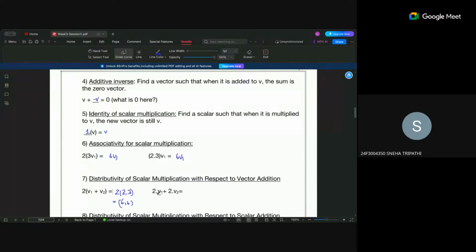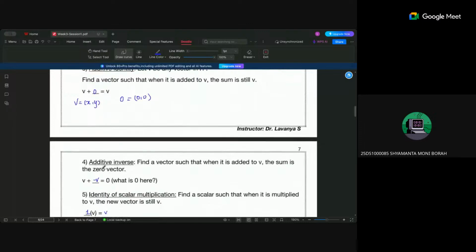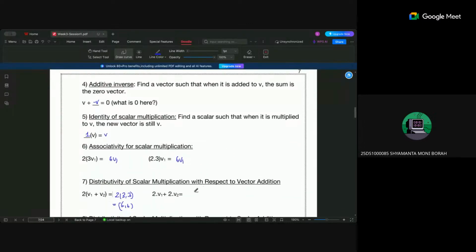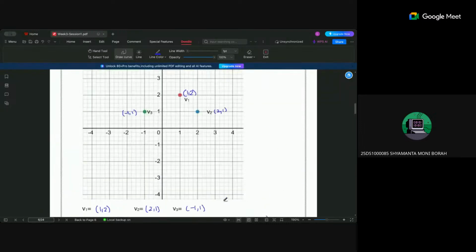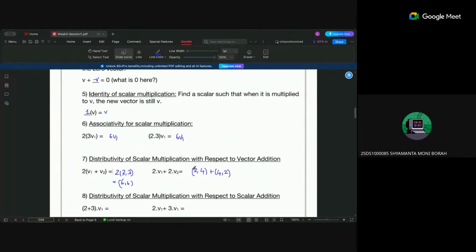Now what is 2V1? 2, 4. And what is 2V2? V2 was 2 comma 1, so 2V2 is 4 comma 2. So the answer is still 6 comma 6. So you see that 2 times V1 plus V2 is 2V1 plus 2V2.